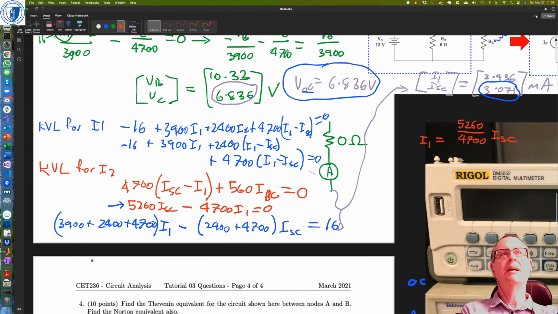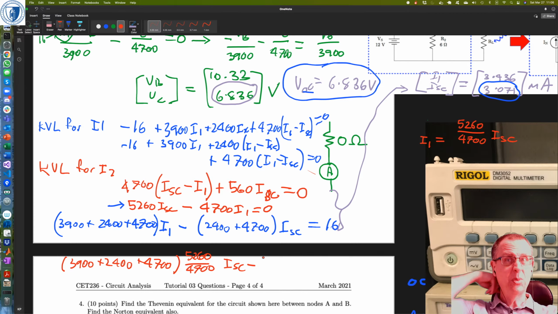So we get 3900 plus 2400 plus 4700 times 5260 on 4700 ISC minus, what was that again? 7,100 ISC equals 16, right?